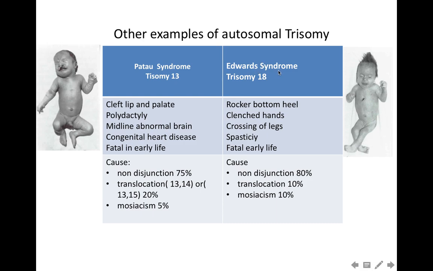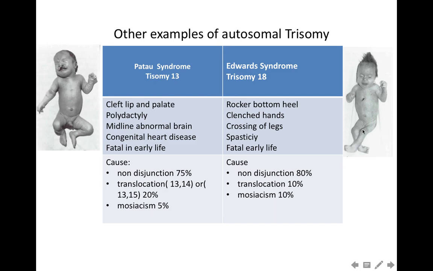This is a picture of Edwards syndrome, trisomy 18. The characteristic feature is a rocker bottom heel, which means a protrusion in the heel that can even be seen in the ultrasonography prenatally before birth.